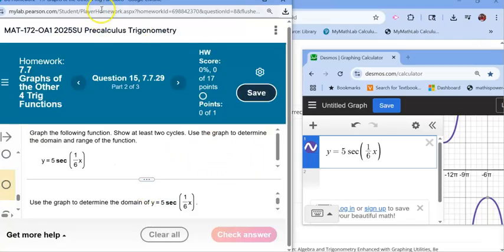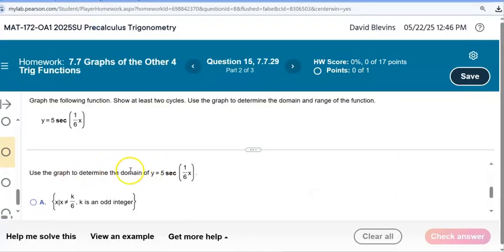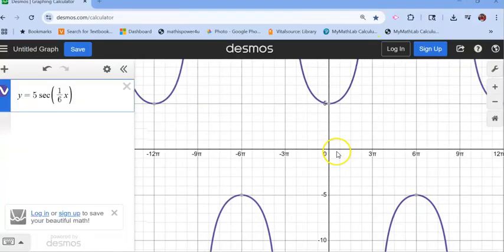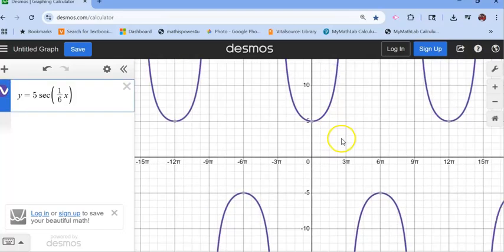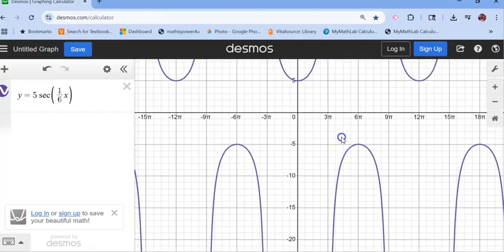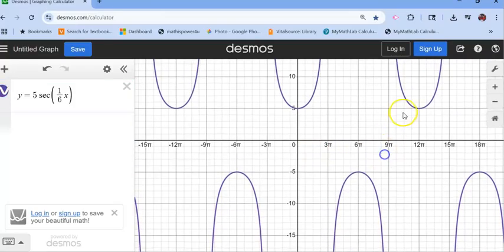All right, what's the domain? So once I have it, the domain is everywhere that I see graph, but I'm never going to see graph at these asymptotes. So the asymptotes here are where we go off to infinity. And you can see that's happening at 3 pi. All right, we're going off the screen. We're going down off the screen right here, also at 3 pi. And then it happens again at 9 pi. All right, so there it goes off the screen again.